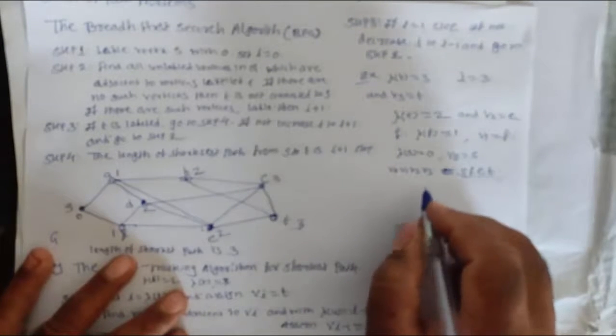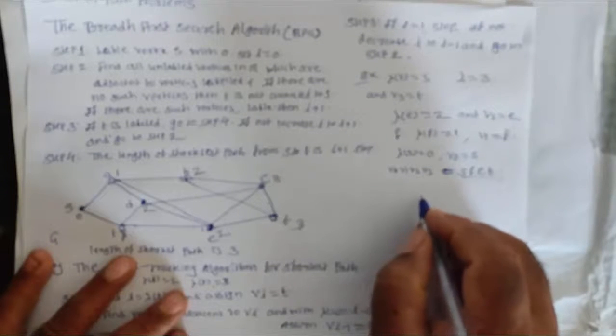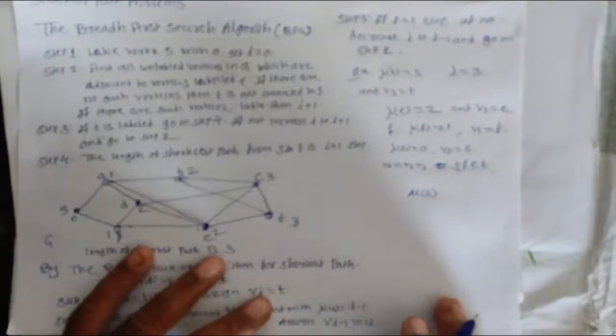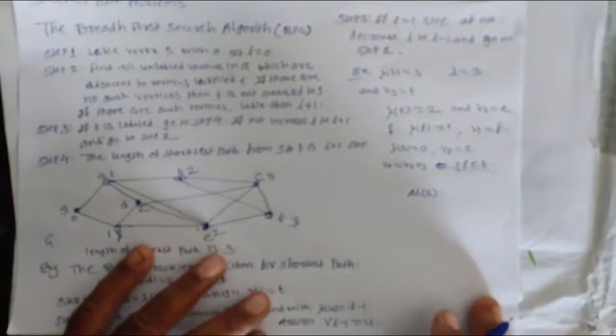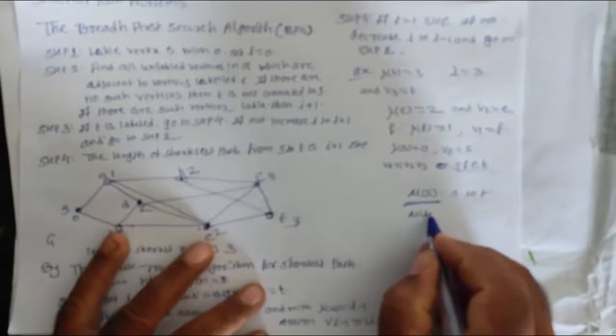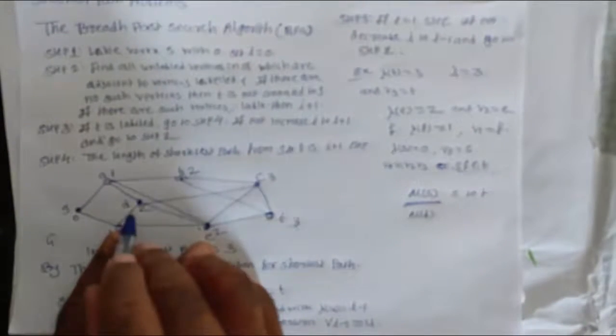That means here we label mu of S, meaning the number of shortest paths from S to T. Mu of D means the number of shortest paths from D to T, like this.